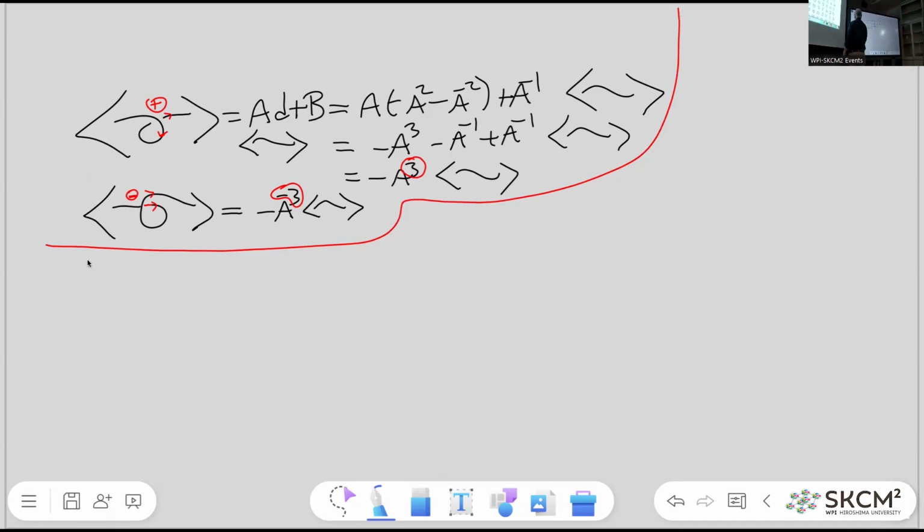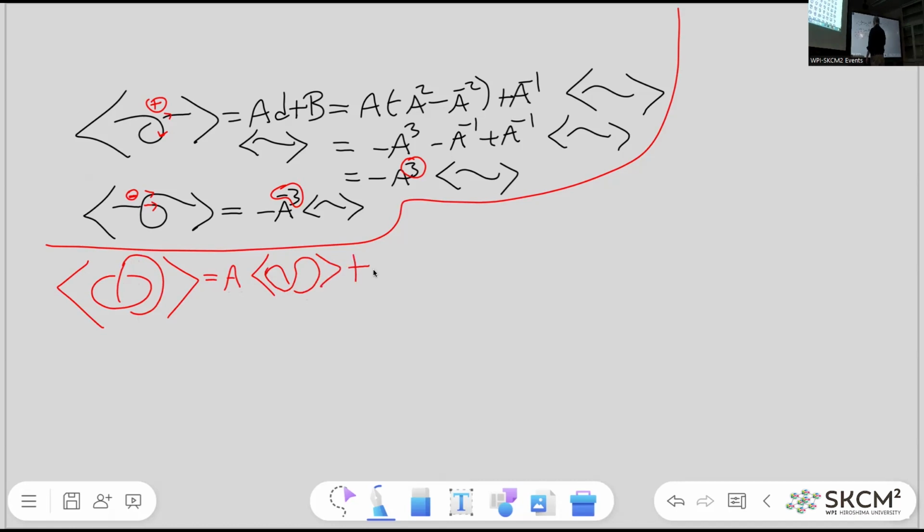Let's go back to our Hopf link and calculate this one. I'm going to do the calculation that I did before all over again. So it's equal to A times the result of A smoothing that, plus A inverse times the result of B smoothing it. And now we're going to use our technology.